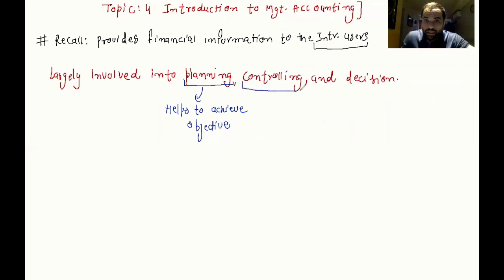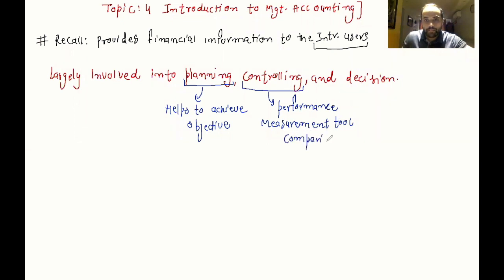Controlling. What is controlling? Controlling is a performance measurement tool that helps us to measure the performance. How can we measure the performance? We can measure the performance by comparing two things.